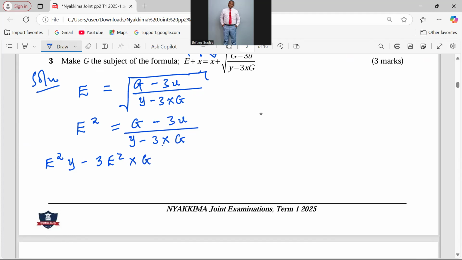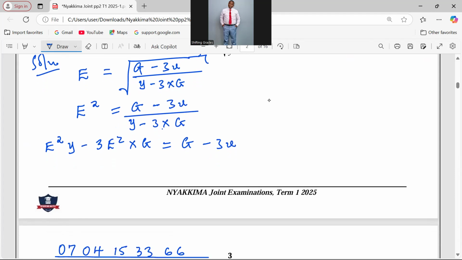This is equivalent to capital G minus 3 letter u. You see now we have two terms which are containing letter G, so they can be brought to one side. And to do away with a lot of negatives, allow me take them to the right hand side, whereby there is already G at this point.